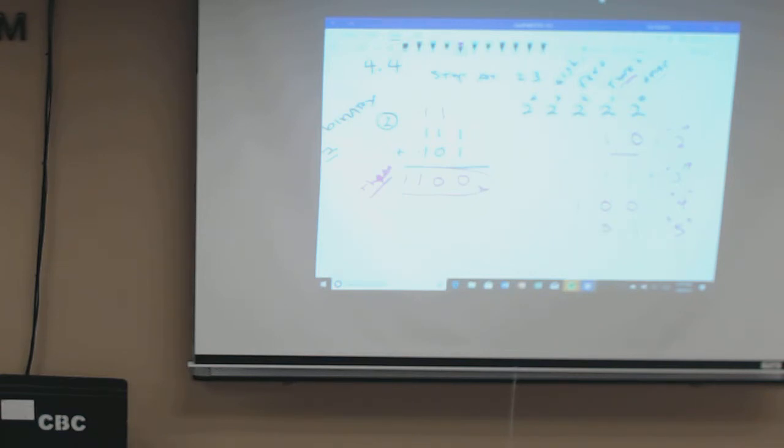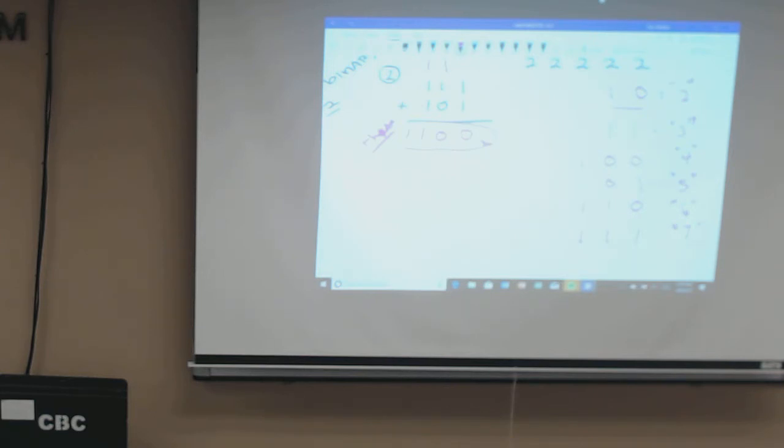What would be 6? See how you can build a little table of values? 1 four, 1 two, and no 1s. What would be 7? 1 four, 1 two, and 1 one. Everybody follow how you can build a chart to help get your mind adjusted to this?